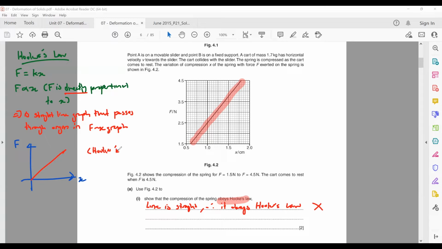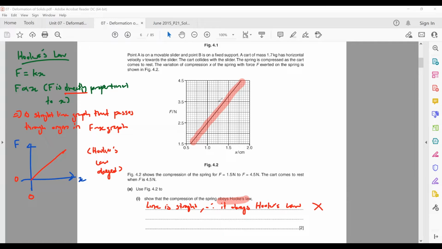This one is what we say Hooke's law obeyed. And this is Hooke's law obeyed, because you can see that it clearly starts from 0, the origin. This one is 0, this one is 0.